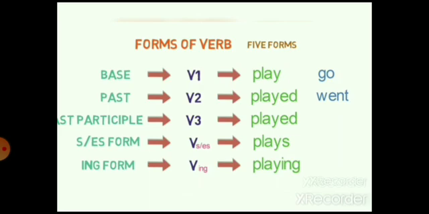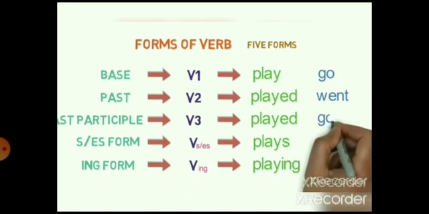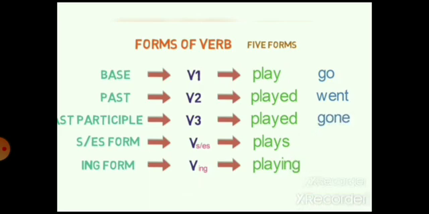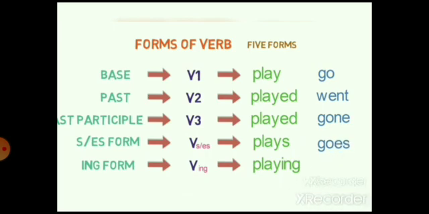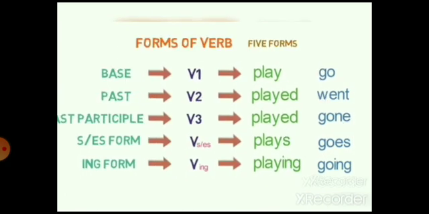The base form is go, the past form is went, the past participle is gone, the S or ES form is goes, and the ing form is going. Now that you are clear with the verb forms, let's dive into the tenses.